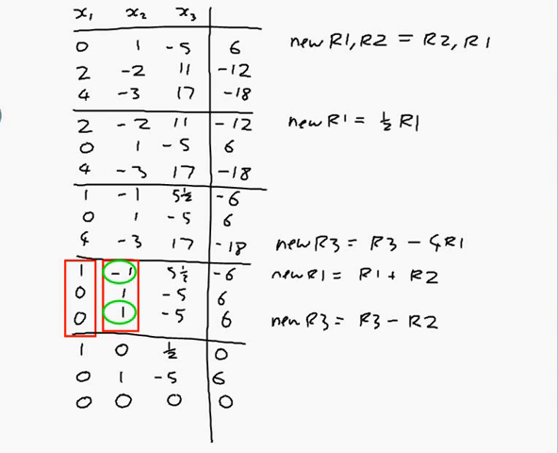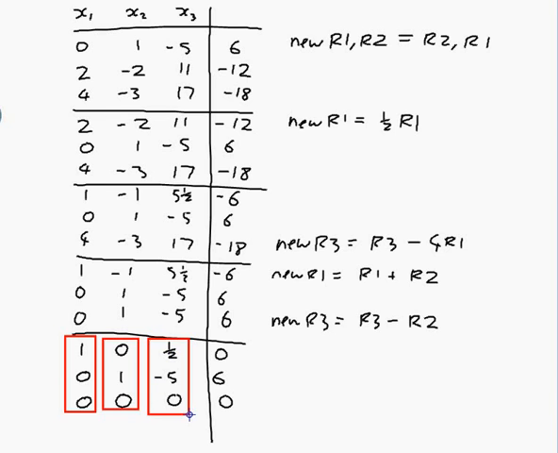Alright. So now I already have my first column of the identity here and my second column of the identity here. So I want a third column of the identity here. So I would want a 1 in this position and zeros above it.